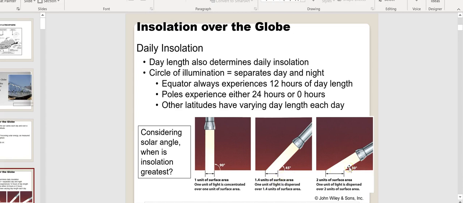And then again, the higher you get in those latitudes, either north or south, as you move toward the poles, the sun's rays, this angle, is going to change. And therefore, since the angle of the flashlight has changed, therefore the sun's rays, you are now taking the same amount of energy, but now you're spreading it out over 2 times the surface area.